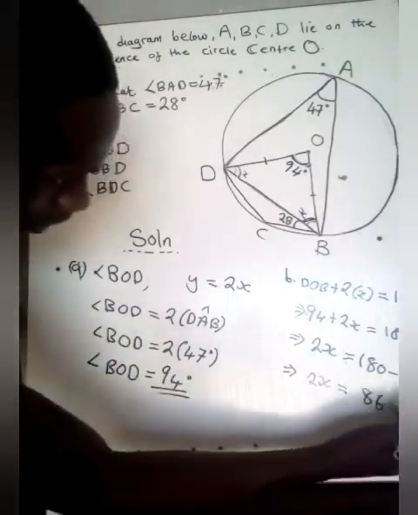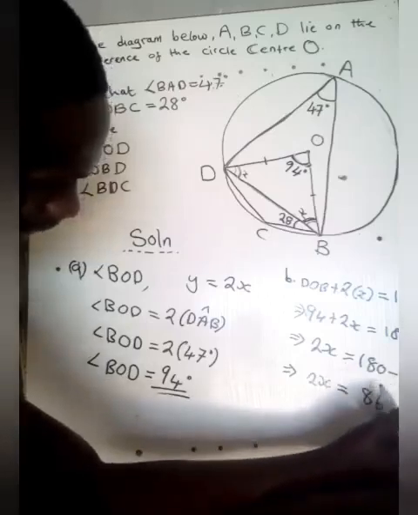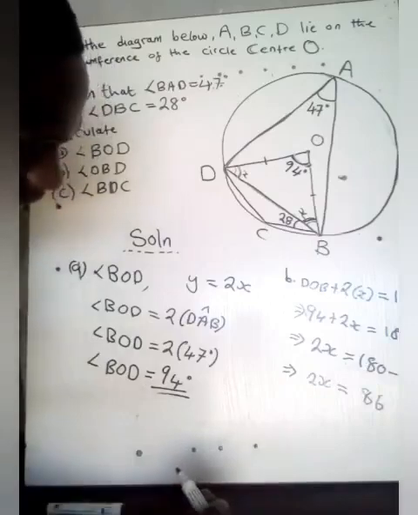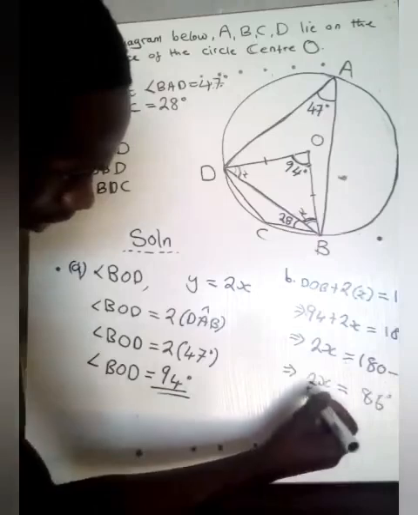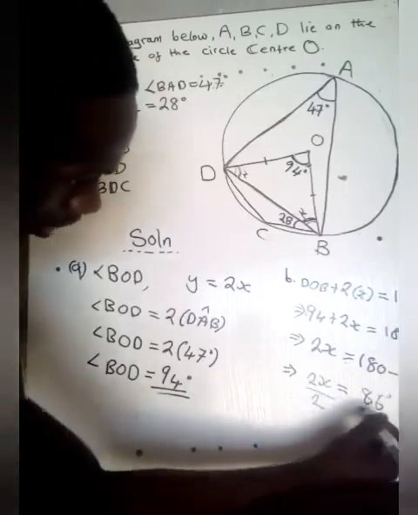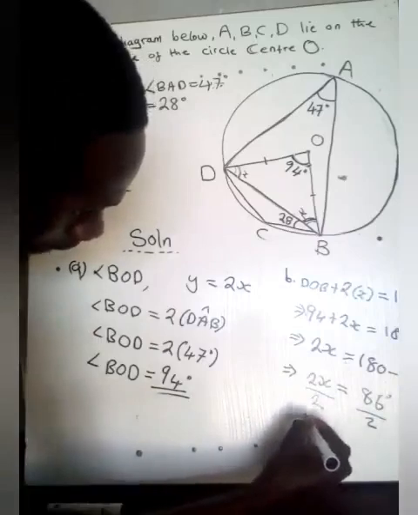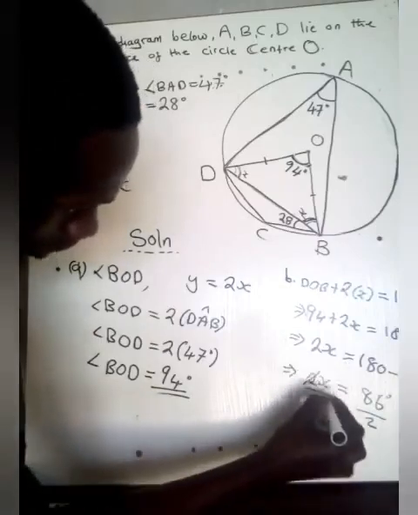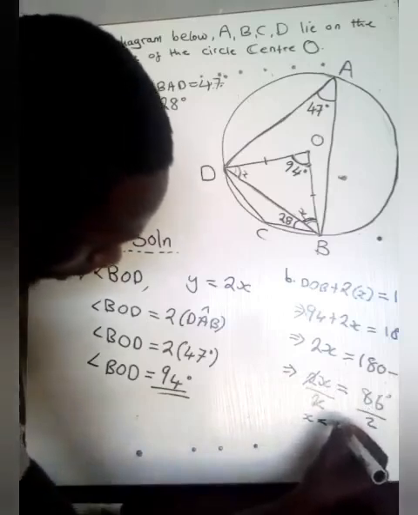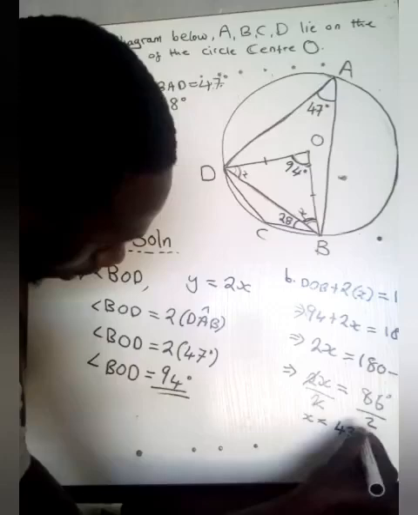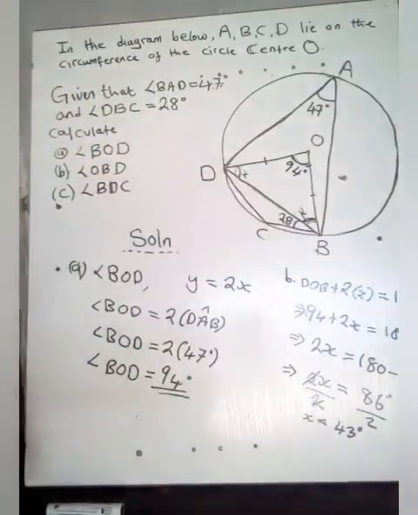Now I want x alone, so we divide both sides by 2. So my x is equal to 86 divided by 2, which is 43. Now remember, this x was representing either of the two angles.